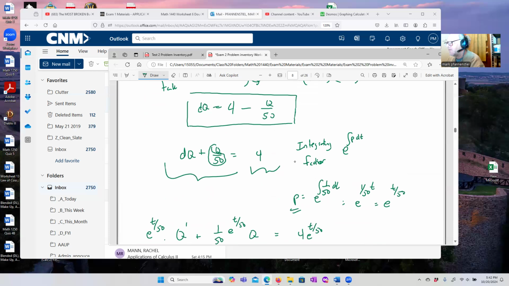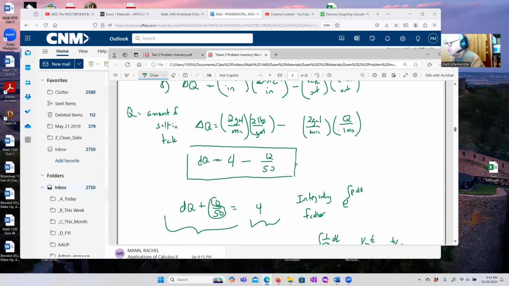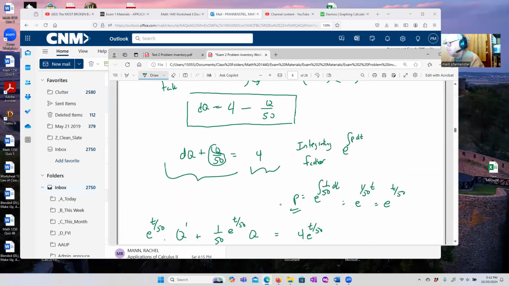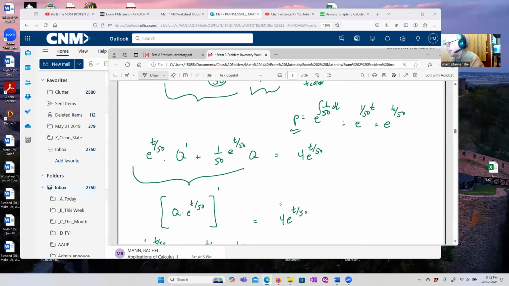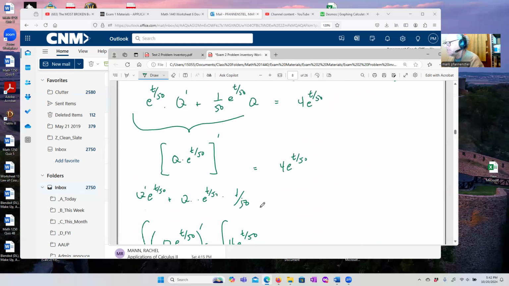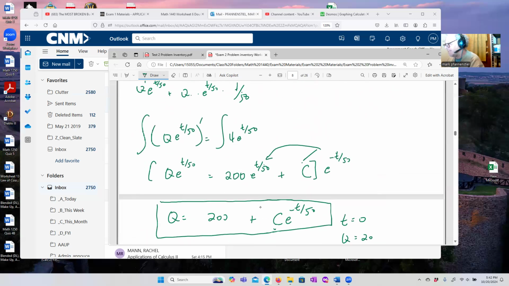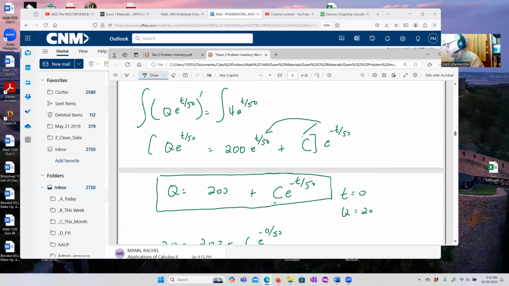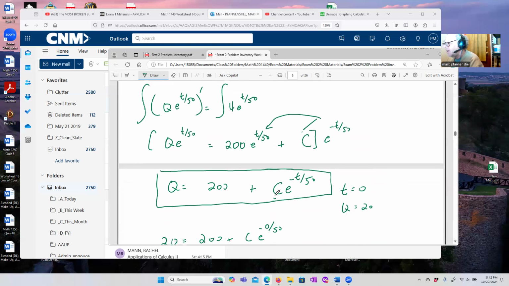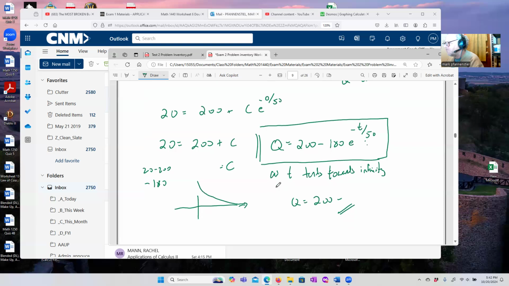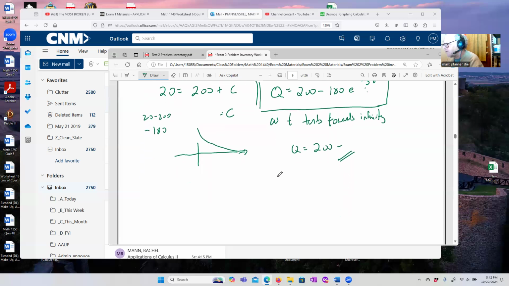Did you solve the linear differential equation properly? Did you get a good integrating factor? Did you solve for the C at the end? There will be parts A, B, and C to help guide you along the way, because this wasn't really fair. But that's what I'm looking for.